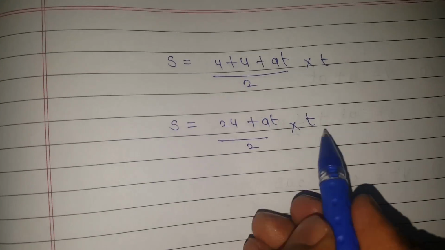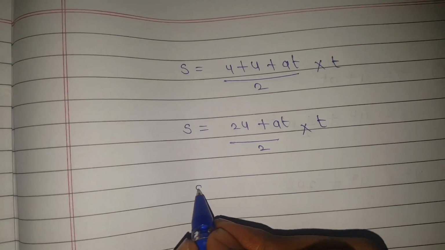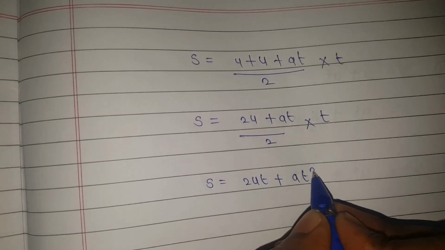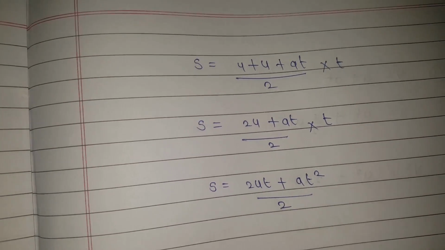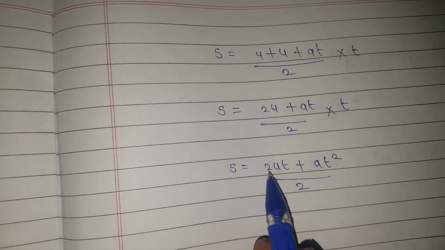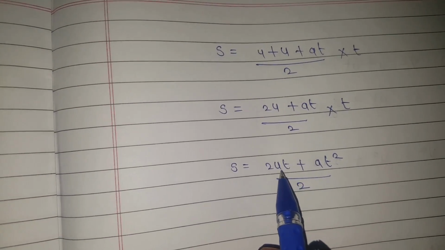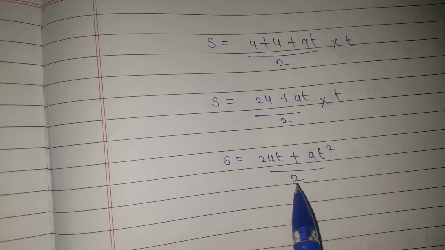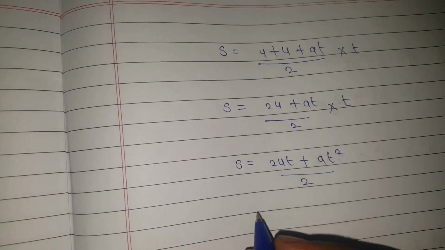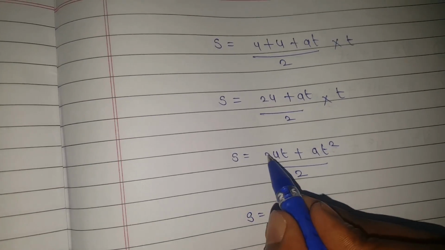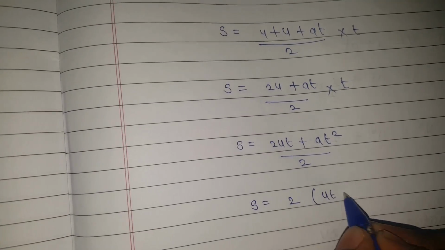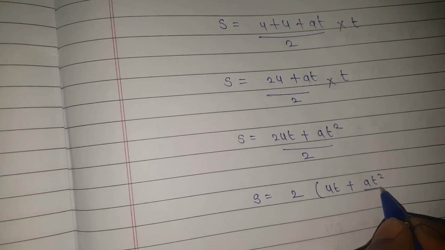Now let us multiply this t with these two terms. s equals 2ut plus at square upon 2, as it is. Now we know that there is 2 in the numerator, and in the denominator also there is 2. So let us take these 2 common and cancel them both. So s equals ut plus at square by 2.